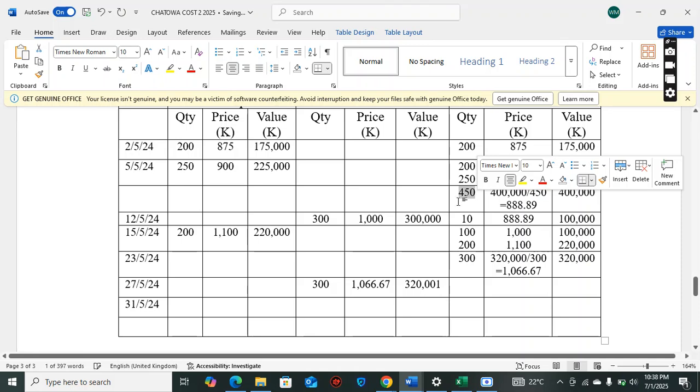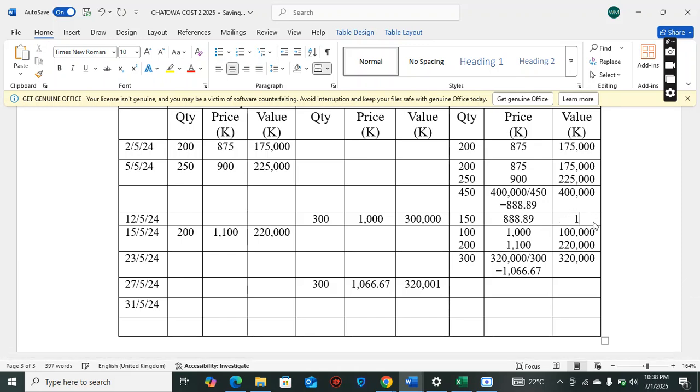Okay, so we had 450. We sold 300, so remain with 150. 150 times 888.89. 133,000.